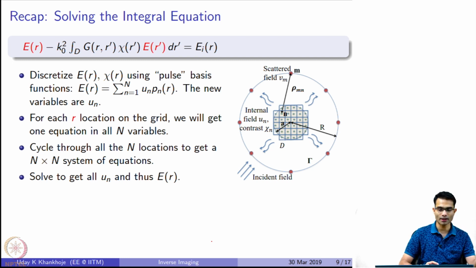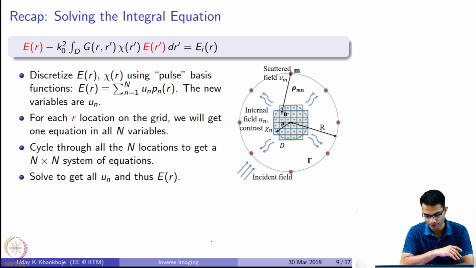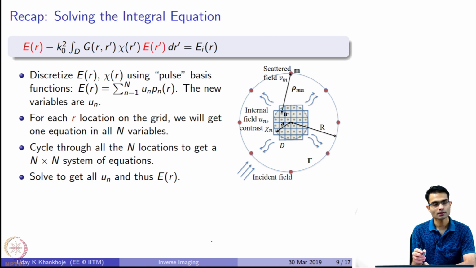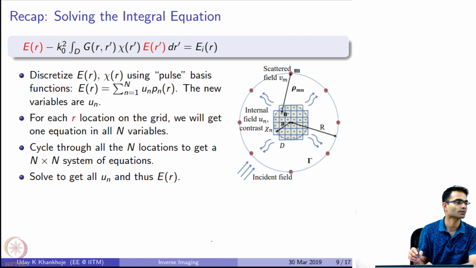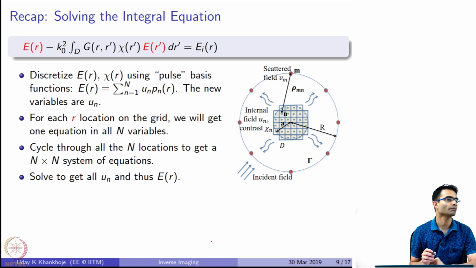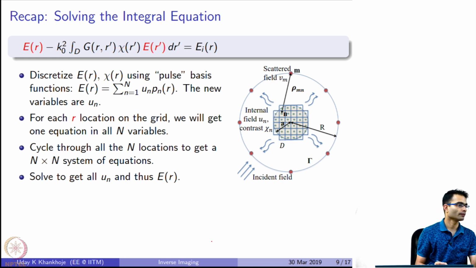You have all done this and solved this in your assignments, and I write this electric field now as a summation over all of these pulse basis functions P n of r, each of them having an unknown weight u n. So, u n are the unknowns. Earlier the field was unknown, now my unknown is a bunch of scalars u n.